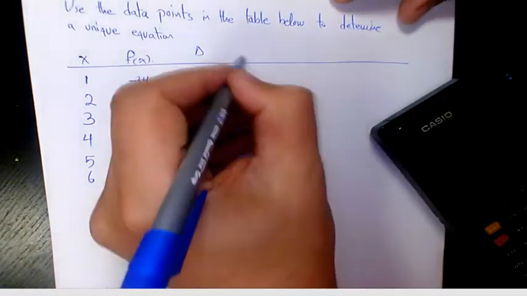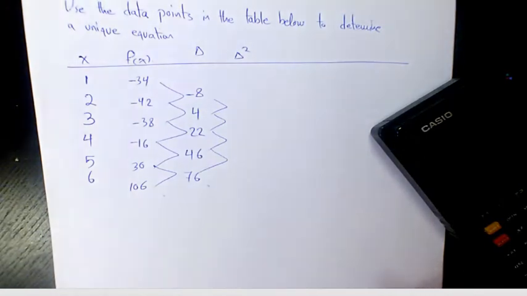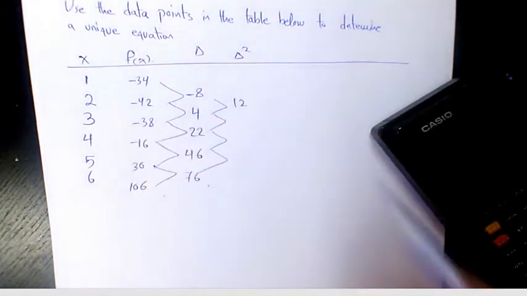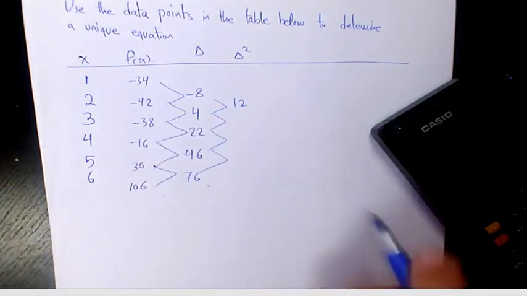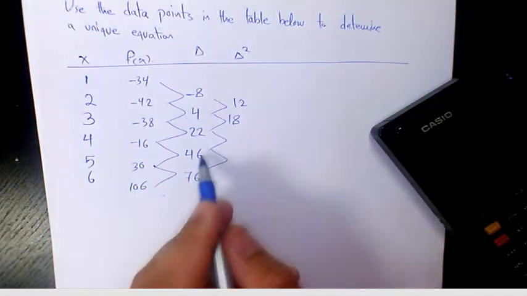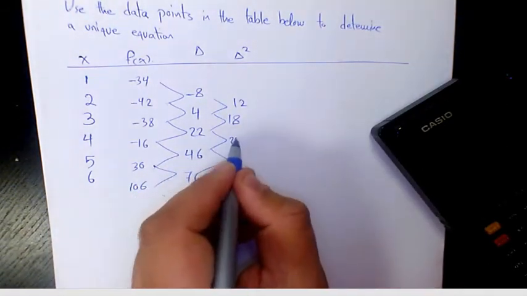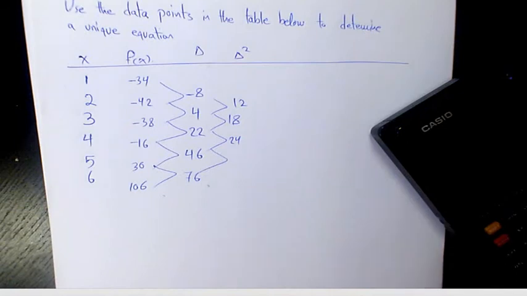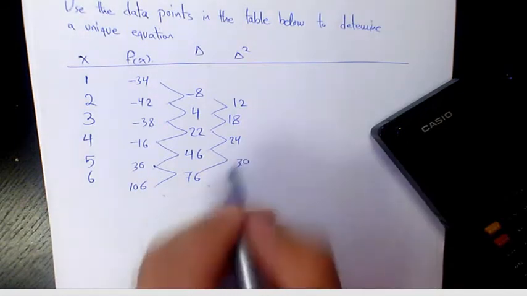We need to do the second difference. 4 minus negative 8 is going to be 12. 22 minus 4 is going to be 18. 46 minus 22 is going to be 24. And 76 minus 46 is going to be 30.